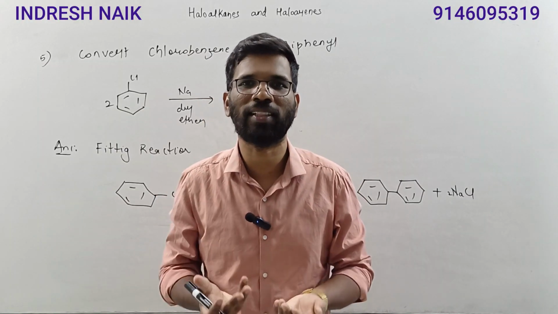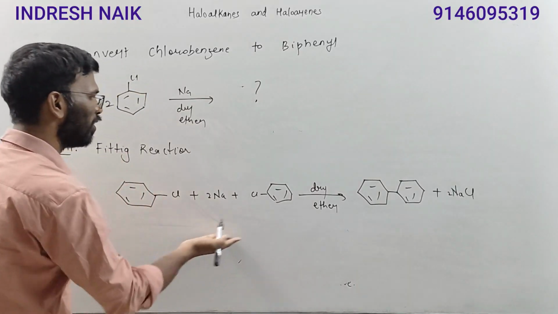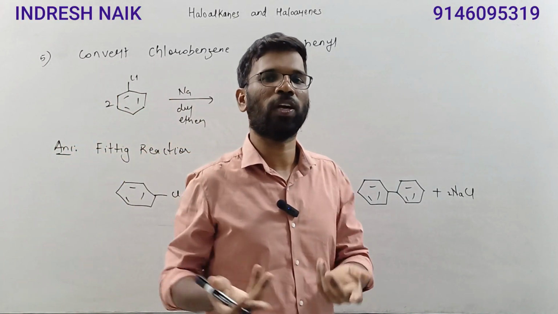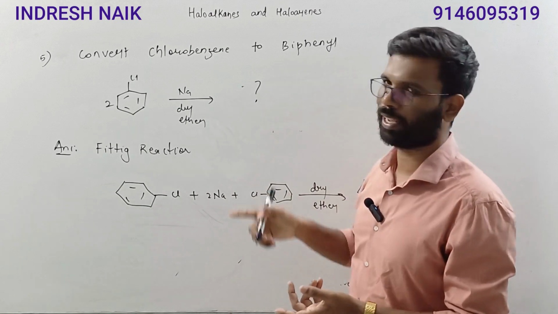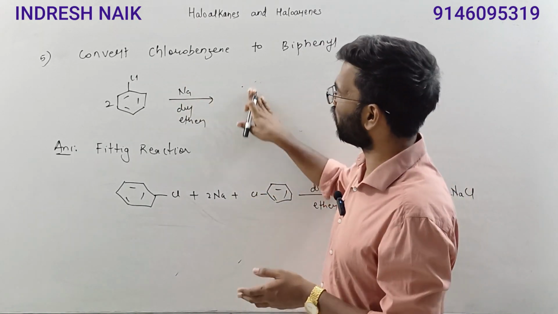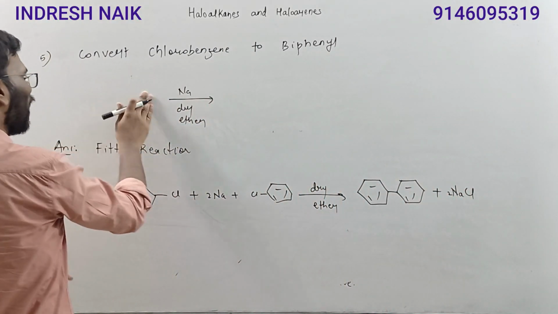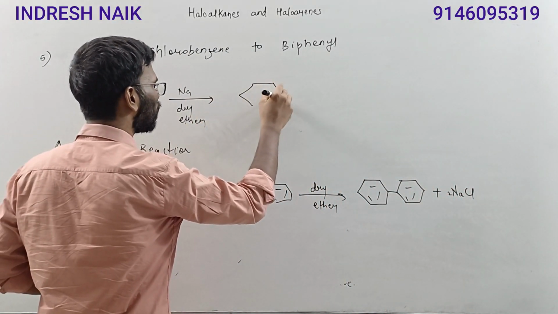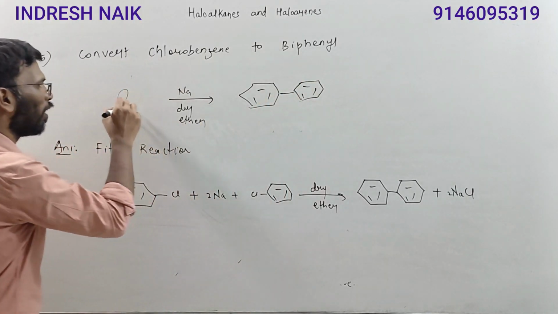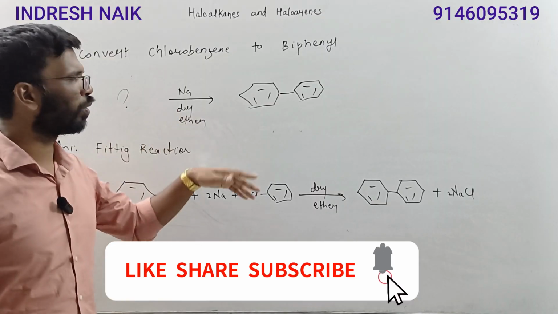The answer is the same, the reaction is this, but the question could be like here: convert chlorobenzene to biphenyl, or they may give you this reaction and ask to identify the product, or they may write this and tell you to identify the reactant. Different ways are there.